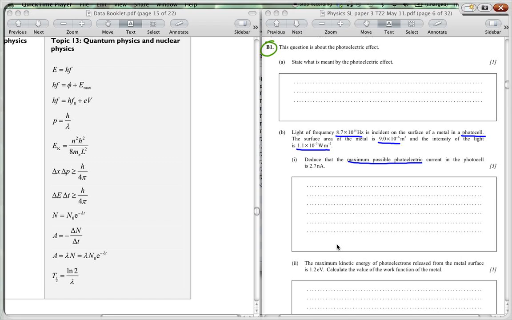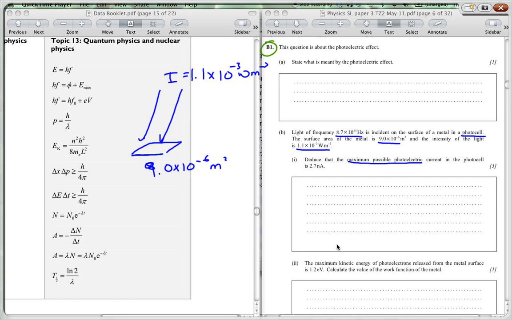So we have the surface here, which has an area of 9.0 times 10 to the negative 6 meters squared, and it has light shining on it with an intensity of 1.1 times 10 to the negative 3 watts per meter squared.